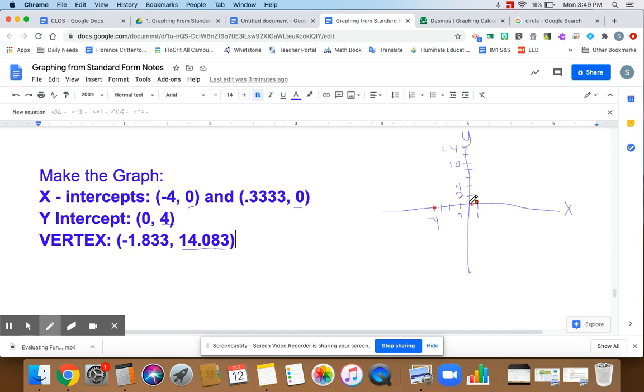So when x is 0, y is up here at 4. So that's my y-intercept. And then finally, my vertex is at negative 1.8. So it's almost negative 2, but not quite. And then positive 14. So then I'm going to go up to positive 14 plus a little more because of that little decimal. That would be my vertex.